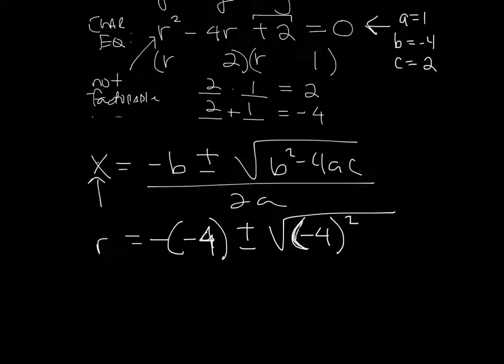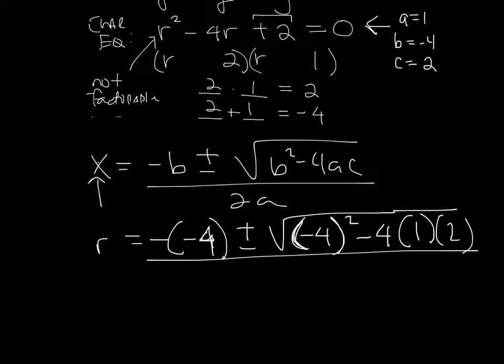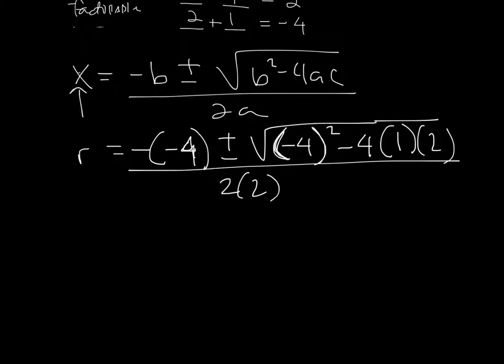These parentheses are extremely important. Minus 4 times ac, all over 2a. So it's just 2 times 2, and this is just doing some arithmetic. Negative is positive. 4 plus or minus, we know this is 16.